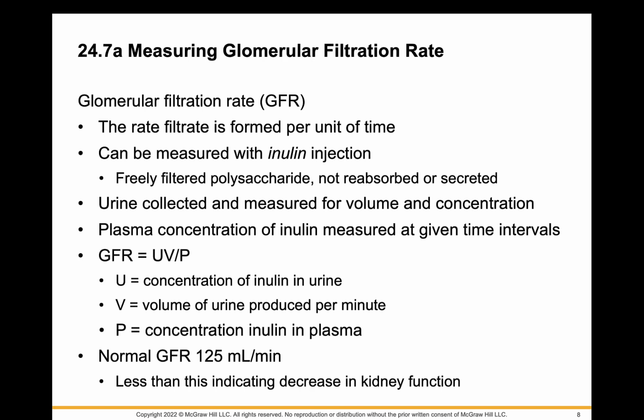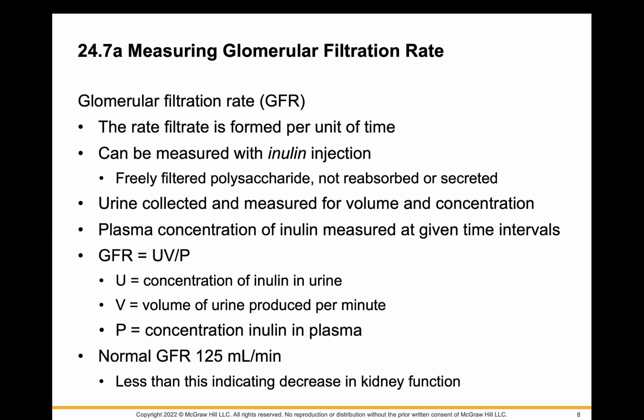Now, the last couple of things that we're going to talk about is measurement of glomerular filtration rate. Please keep in mind that you're not responsible for calculating this, and I'll be very clear about what I want you to understand. Now, glomerular filtration rate, the rate filtrate is formed per unit of time, and it can actually be measured with something known as inulin.